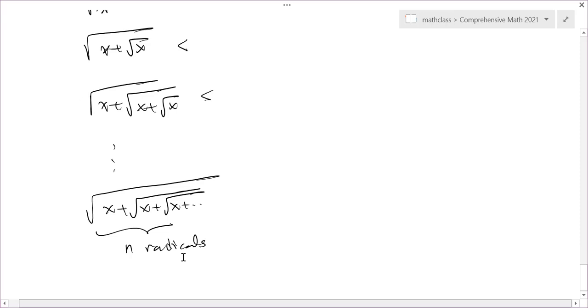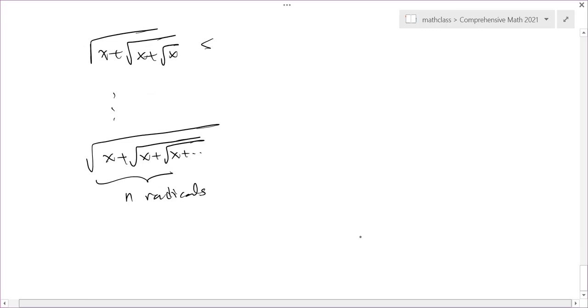So for fixed x, you have a sequence of numbers on this line, maybe square root of x, then square root of x plus square root of x, and just keep it going. But their increase is very slow. The limit case is 5. So the above equation tells you the limit is going to be 5.